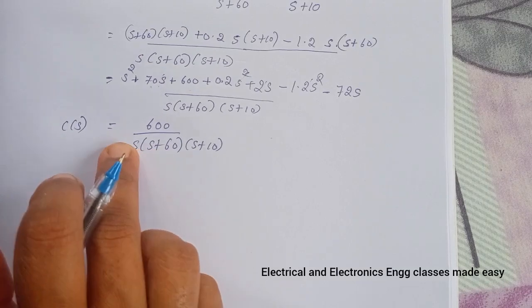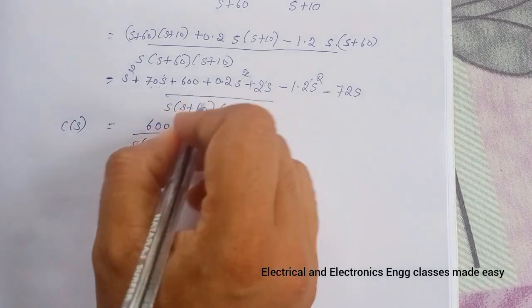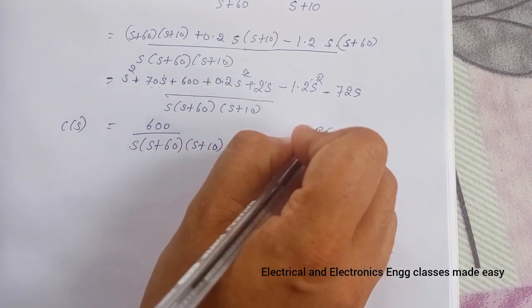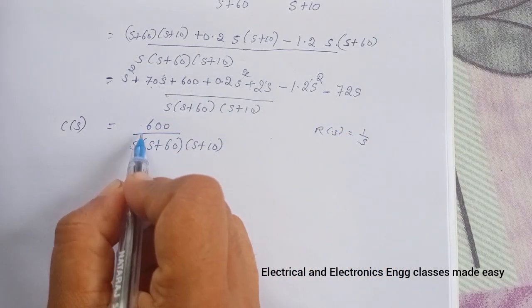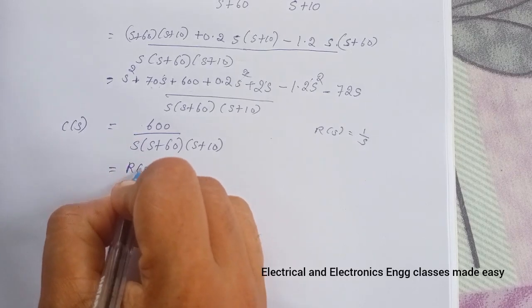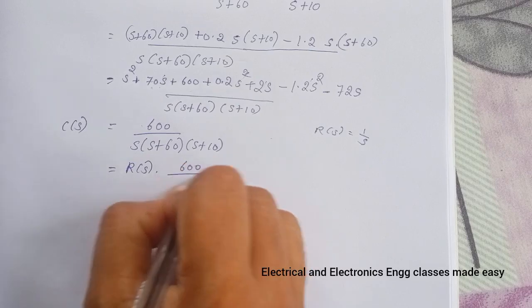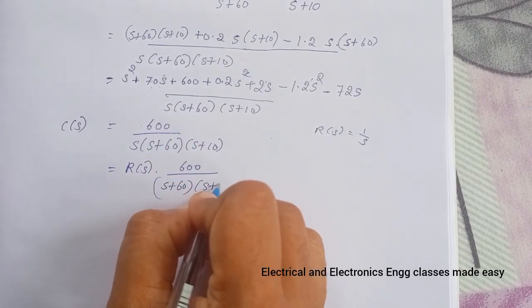It is given that the input is unit step. So unit step means R of S is equal to 1 by S. So we can write R of S into 600 divided by S plus 60 into S plus 10.